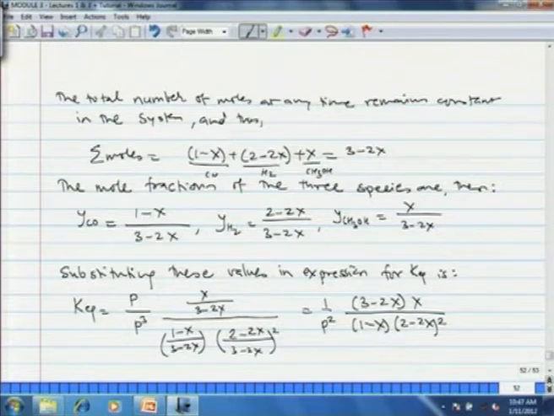And then the mole fraction of the 3 species: yCO is 1 minus X divided by the total moles, yH2 is 2 minus 2X divided by total moles, yCH3OH is X divided by total moles.